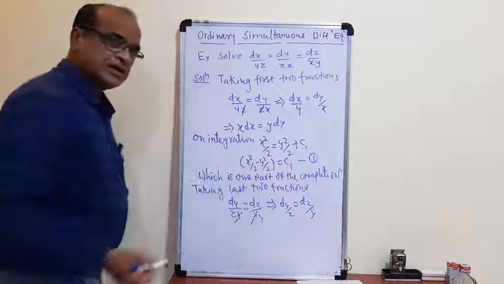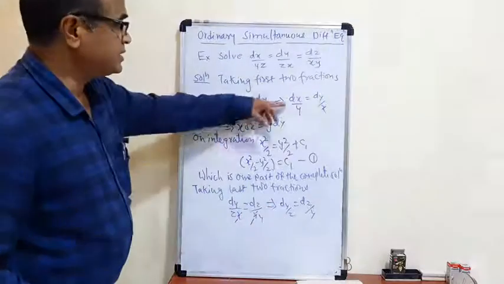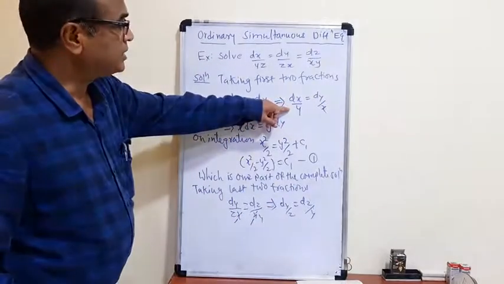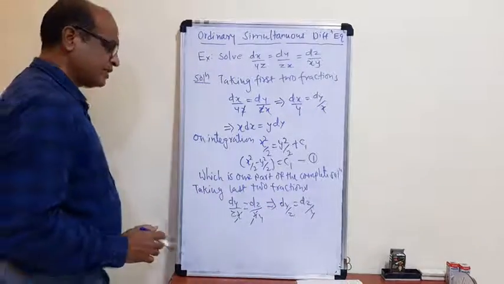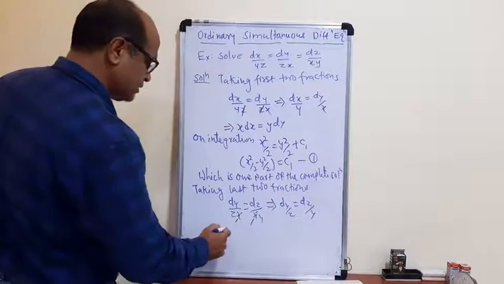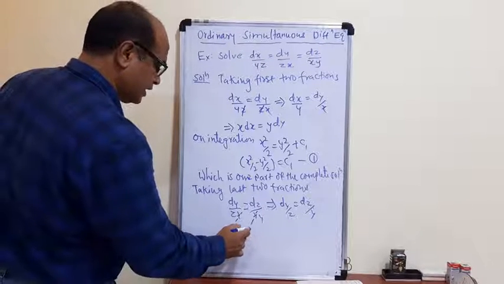So here x variable is absent. In these fractions, z variable is absent. So this equation can be written as y dy is equal to z dz.